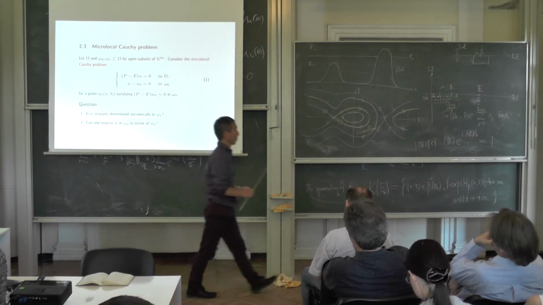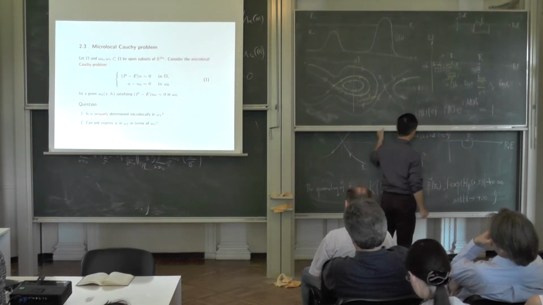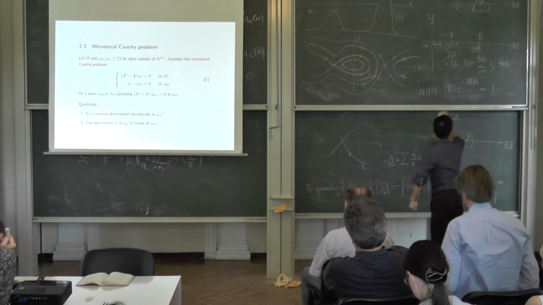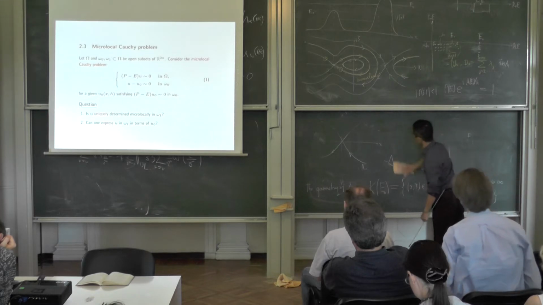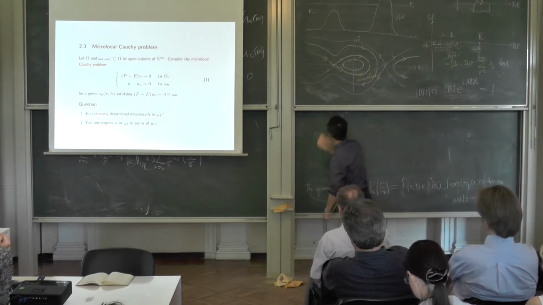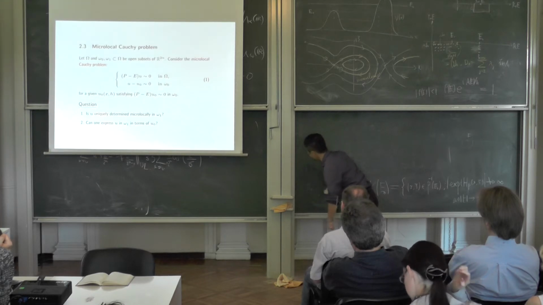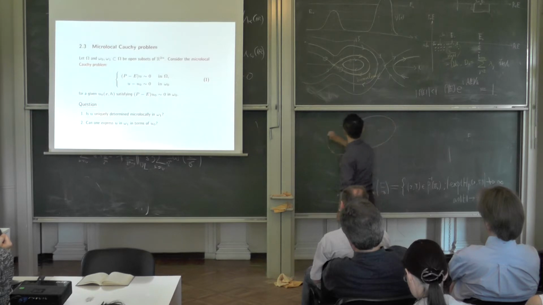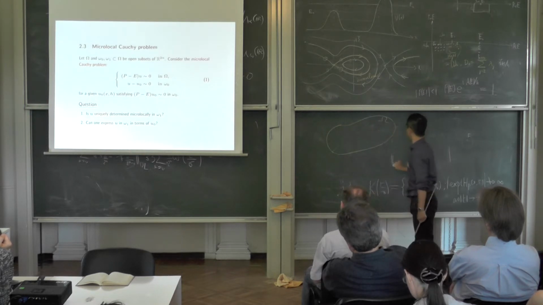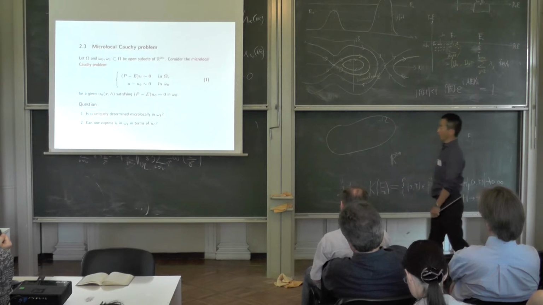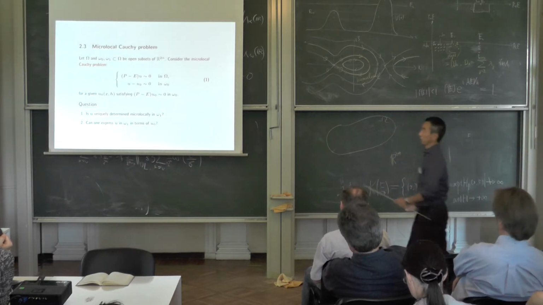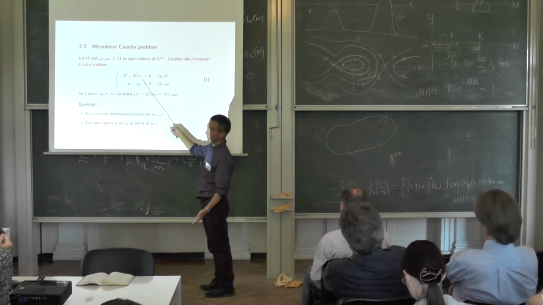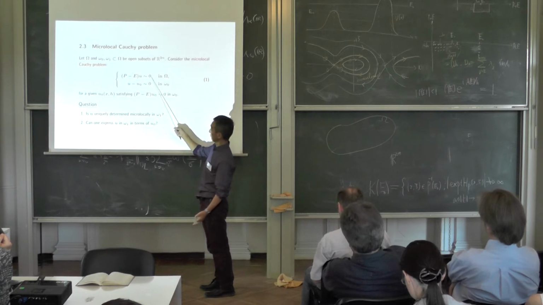That is, we are given a set, a region, omega, in the phase space. And we suppose that this equation is satisfied at least in the microlocal sense.